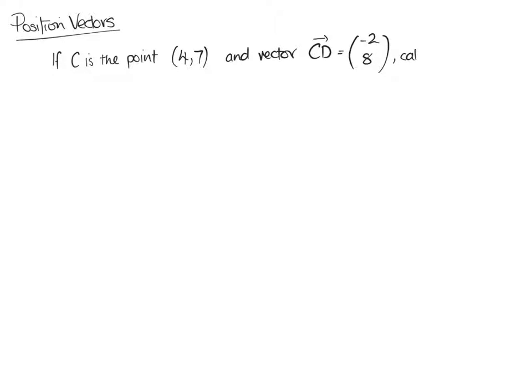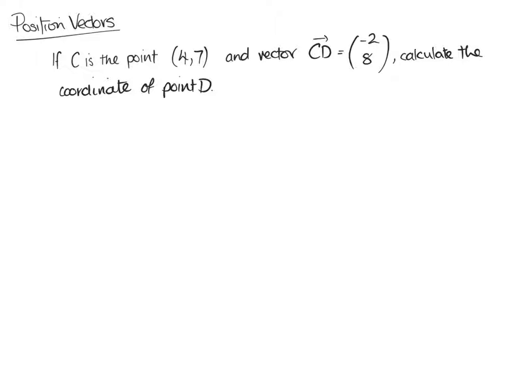So if C is the point (4, 7), and vector CD is equal to (-2, 8), calculate the coordinates of point D.